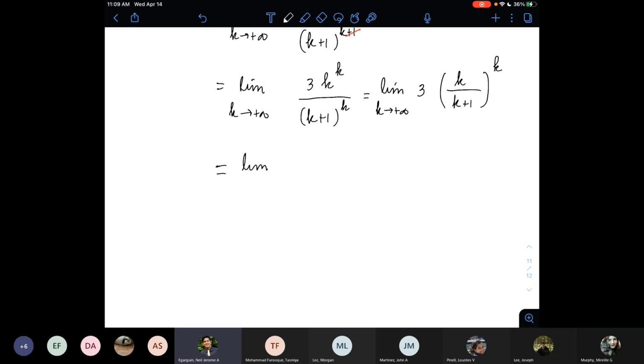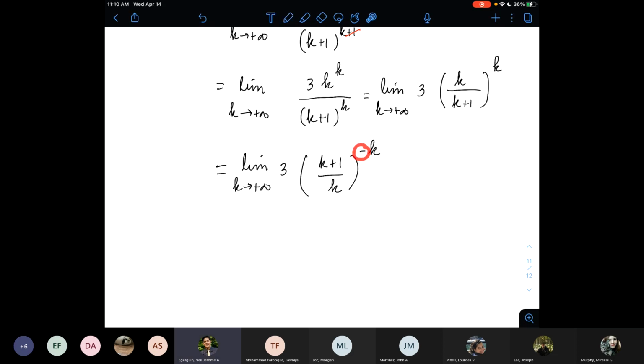So I can do this trick. I can take the reciprocal, but at the cost of putting a negative sign in the exponent. So basically what I'll do is I'll write the base as k+1 over k, but the exponent will now be negative k as k approaches infinity, right?